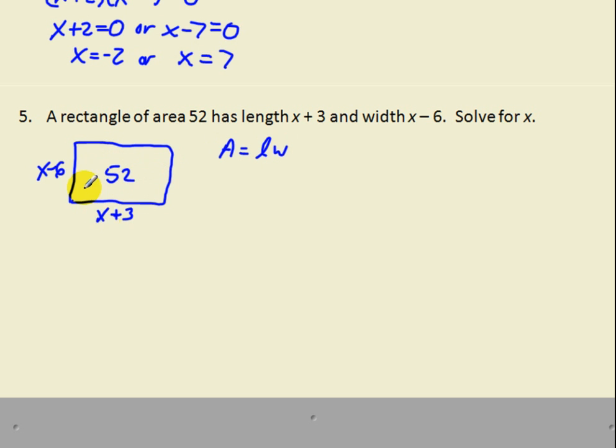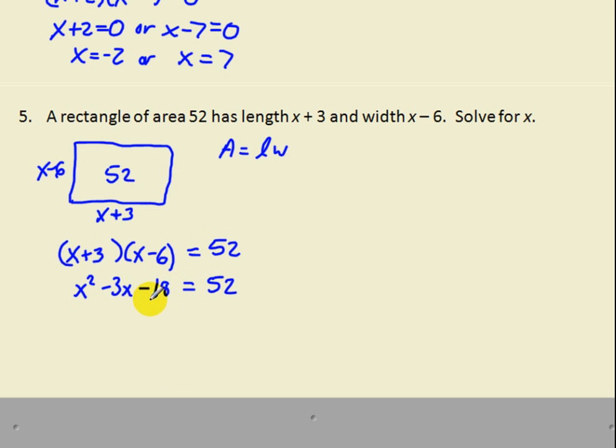So let's go ahead and multiply this out. Take length times width, (x + 3)(x - 6) has to equal our area of 52. So when we multiply these, we'll get x squared, and then we'll end up with a negative 6x and a positive 3x combined to a negative 3x, and negative 18 equals 52.